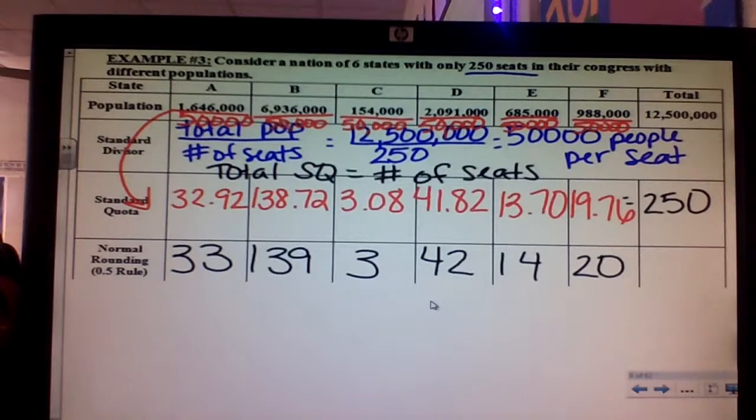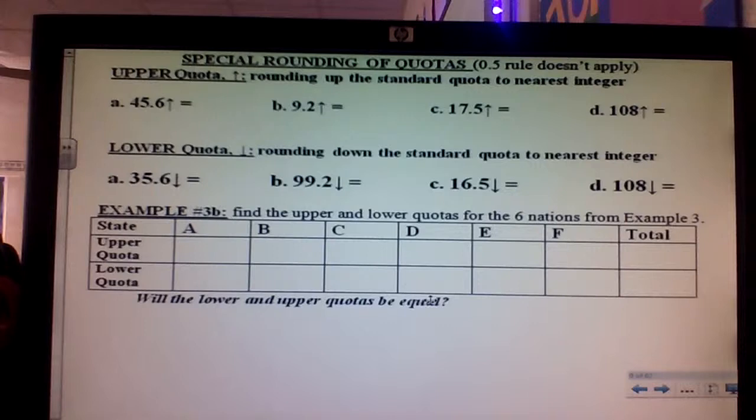We've got 2 new concepts though: an upper quota and a lower quota. Upper quota: rounding up the standard quota to the next nearest integer, no matter what the decimal is.